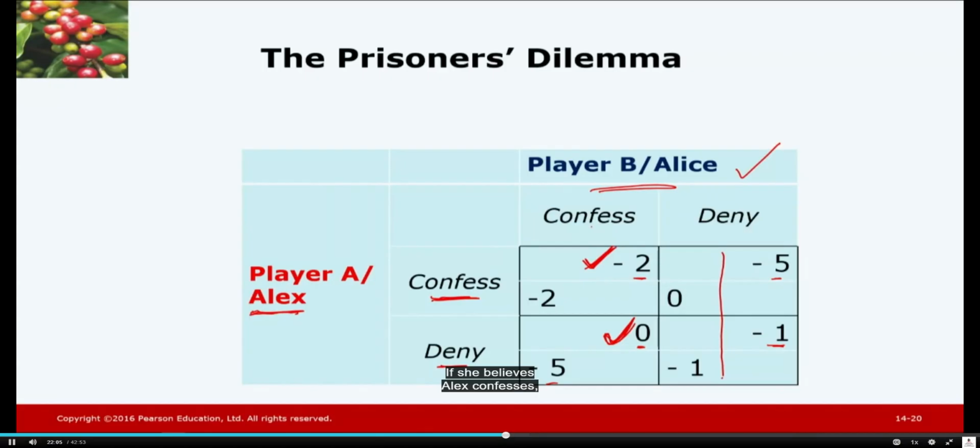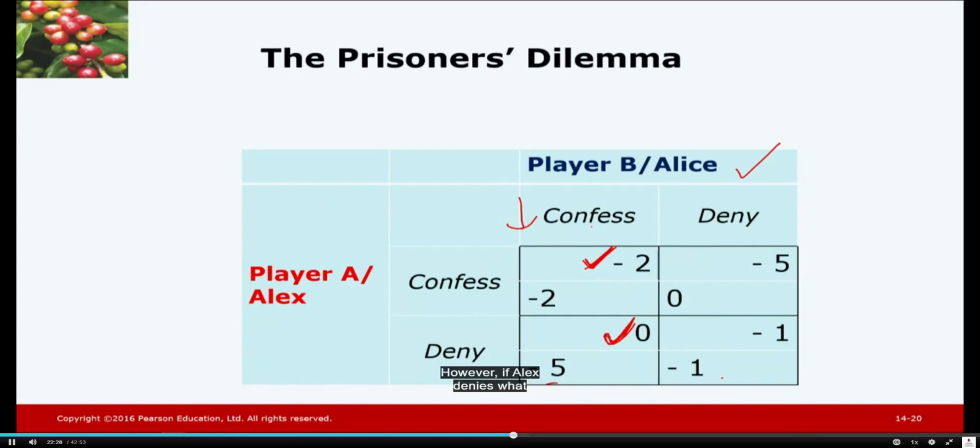Now let's have a look at the best response for Alex now. Okay. So if we want to see what Alex is going to do, we have to start with what he thinks Alice is going to be up to. So if Alex believes, we're looking down this column now, the first column, you can ignore the second column.